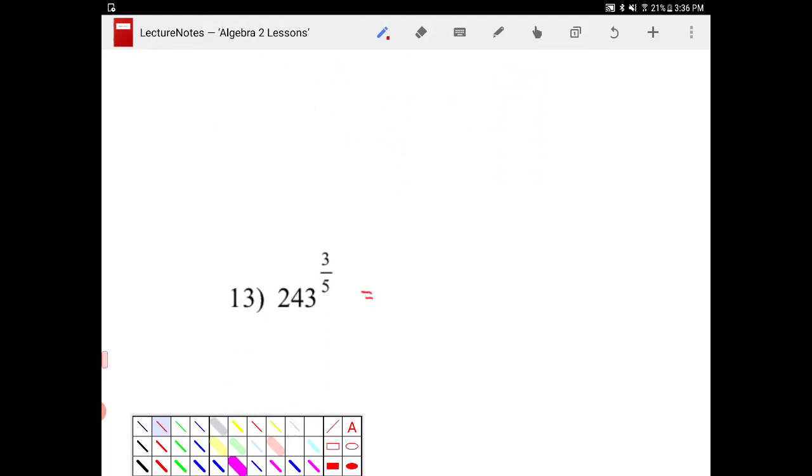All right, here we go. 243 to the 3/5. This is equivalent to 243 to the 1/5 to the 3rd. And what exactly is 243 to the 1/5? I'm going to guess it's 3, because 3 to the 5th is 243.